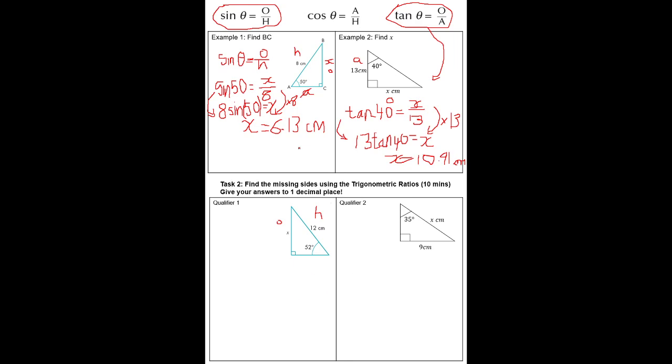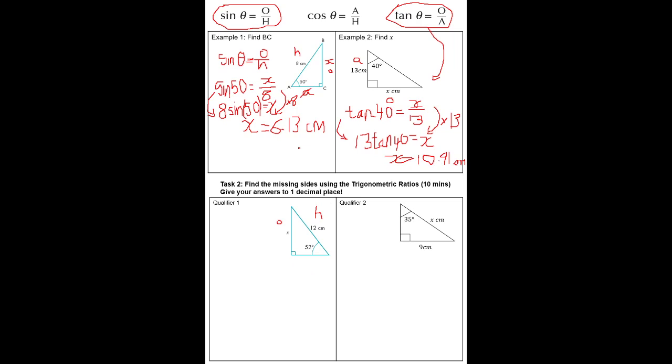There's some more challenge questions, so I do want everybody to have a go at these. If it's not a right angled triangle, remember what I said for task 1 question 8, make a right angled triangle. Alter the diagram so that you can use trigonometry. And then there's an exit ticket as well, so quite a few questions.